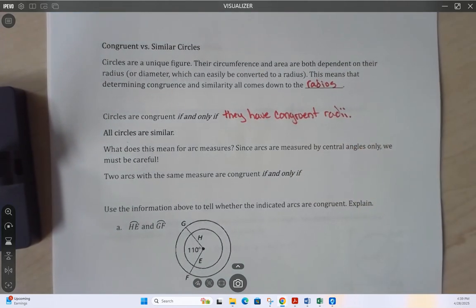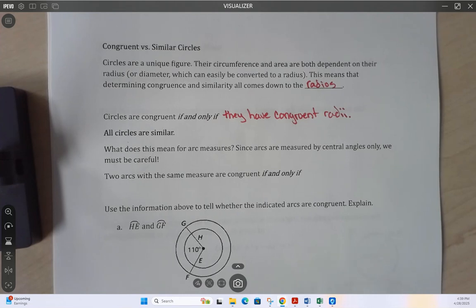That means if I have two circles and the radius of the first circle is 3 inches and the radius of the second circle is 3 inches, then boom, my circles are congruent. But if the radius of my first circle is 3 inches and the radius of my second circle is 3 centimeters, they are absolutely not congruent, and there's no possible way for them to be congruent. They have to have the same radii.